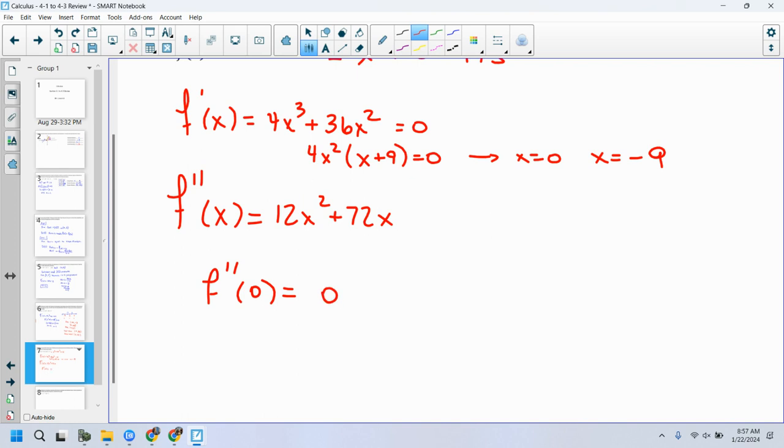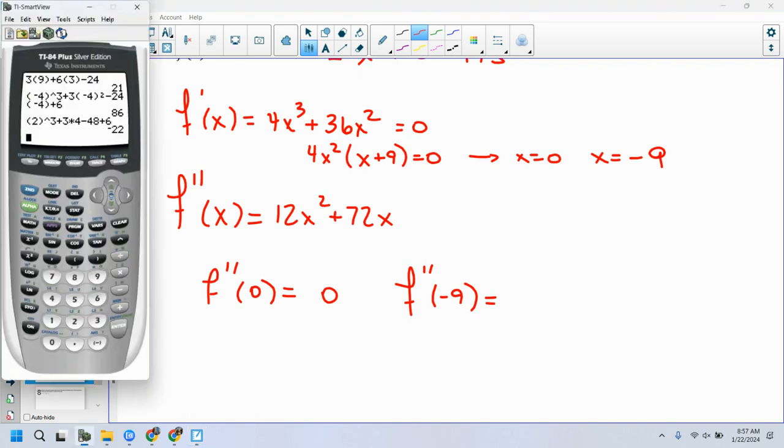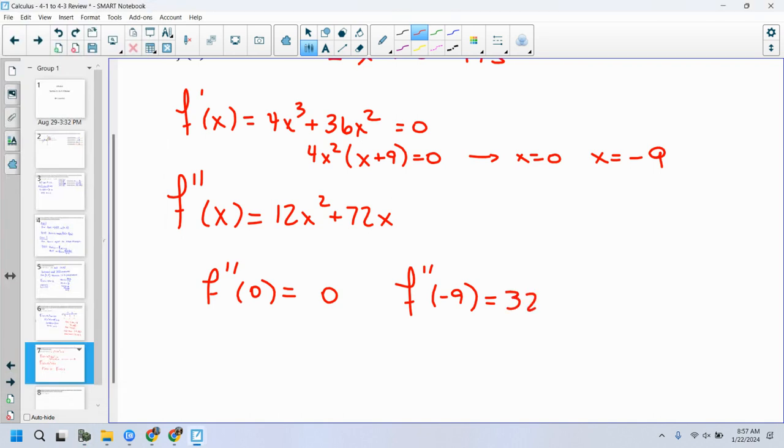I'll come back to that in a second. Let's find f double prime of negative 9. Well, when I find f double prime of negative 9, that's 12 times negative 9 squared plus 72 times negative 9, which is 324. I really don't care about that value. I care about the fact that it is positive.